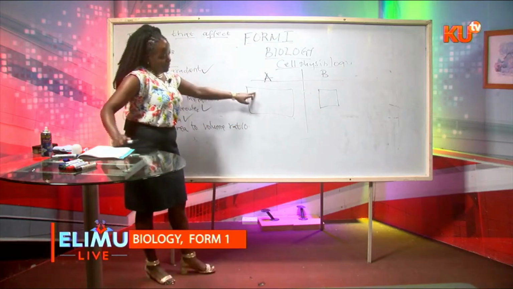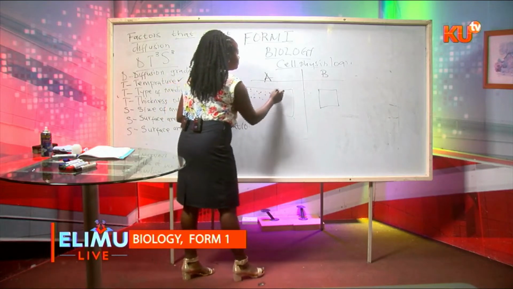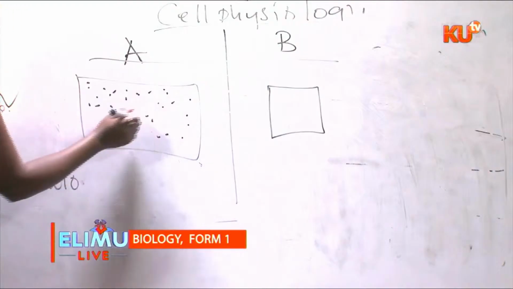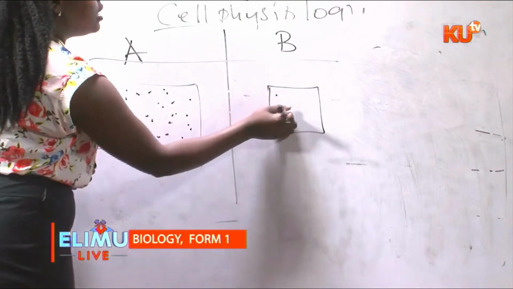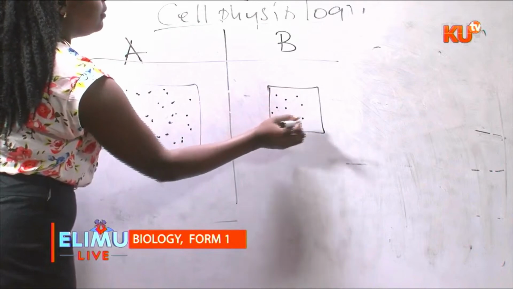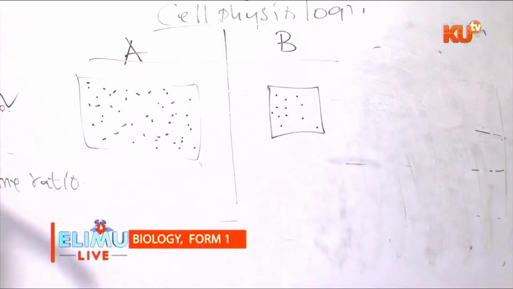So surface A is big, meaning that more molecules will diffuse, but surface B is small, meaning only a few molecules or particles can move to their region of low concentration.